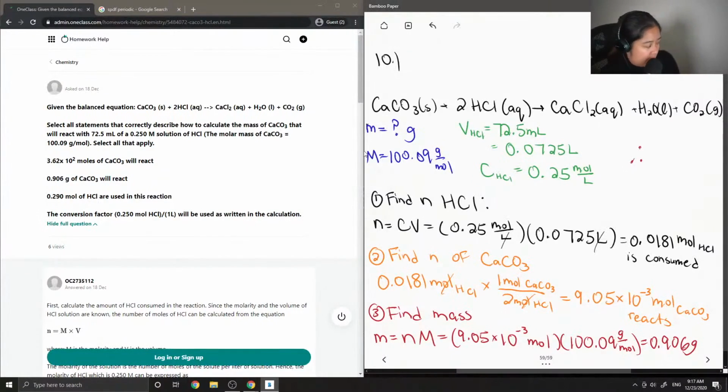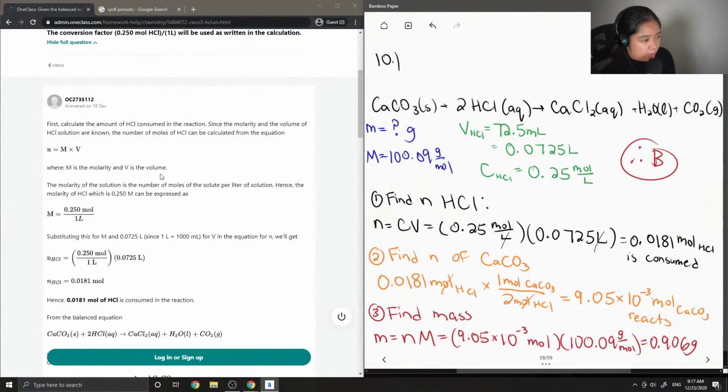I'm just going to do therefore B. So let's look at the other options. 0.29 moles of HCl are used. Nope. And then the conversion factor, 0.25 mole HCl per 1 liter will be used as written in the calculation. So by conversion factor, I think they might mean the mole ratio step. So the last one isn't correct as well.